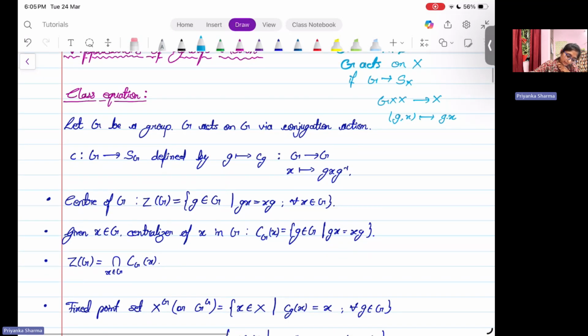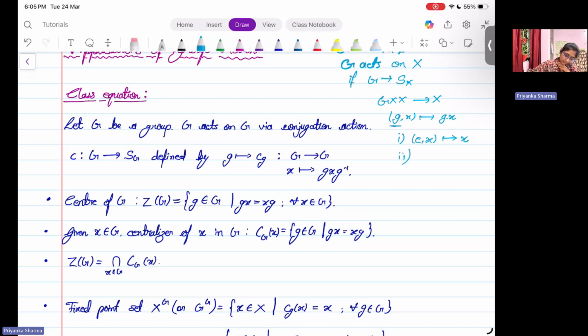This will satisfy two conditions. First, if in place of g we take the identity element e, then e dot x will be mapped onto x.